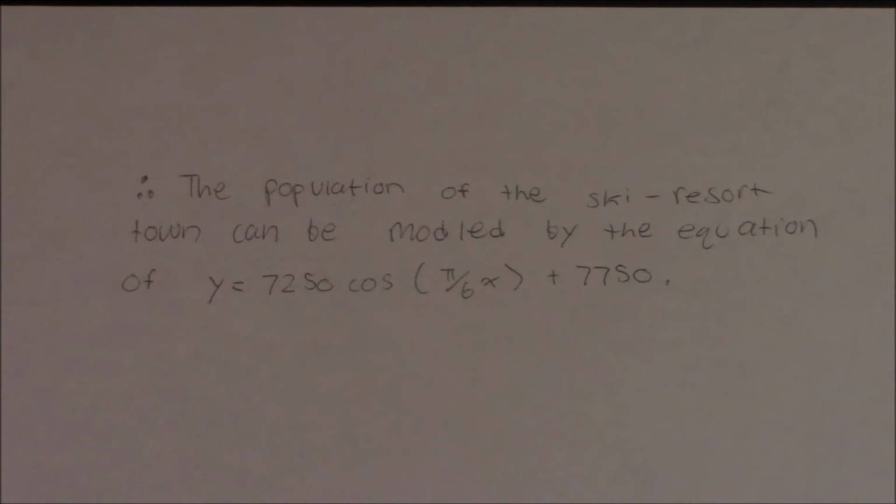So that's simply, if you're looking at this function, that would help you find your period of the function. So you would do 2 pi divided by pi over 6, which would give you your period of 12 months.